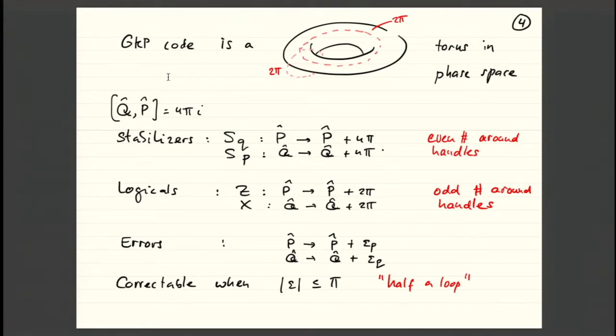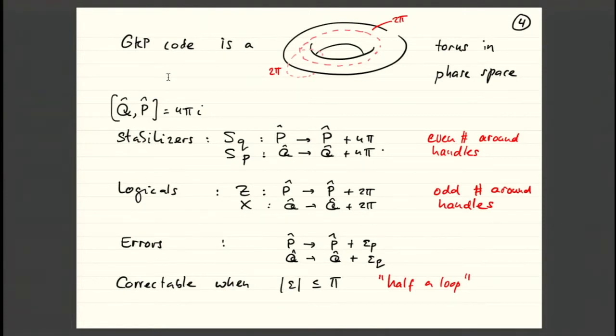And so SQ actually maps P onto P plus 4 pi, so it goes twice around the torus. SP does that for Q, so it goes twice around the other loop, the other direction of the torus. And a logical moves around once. Right? So that makes a non-trivial loop around the handle, this handle or that handle.